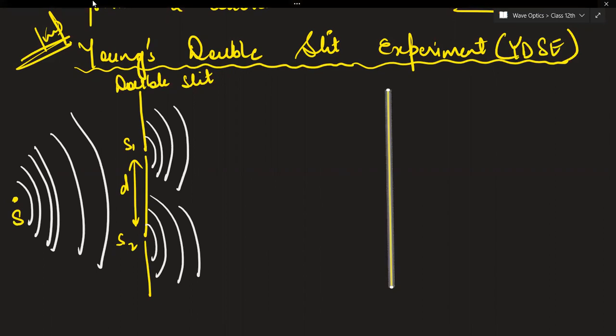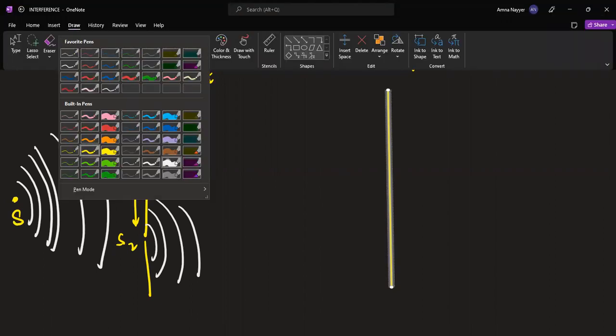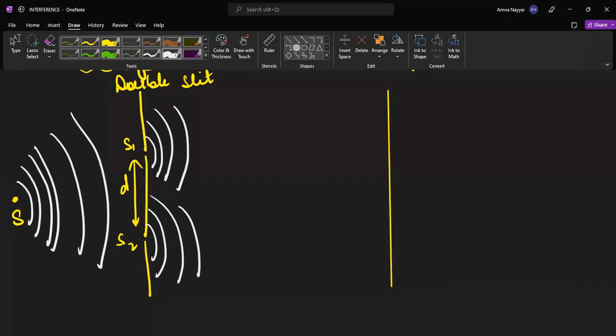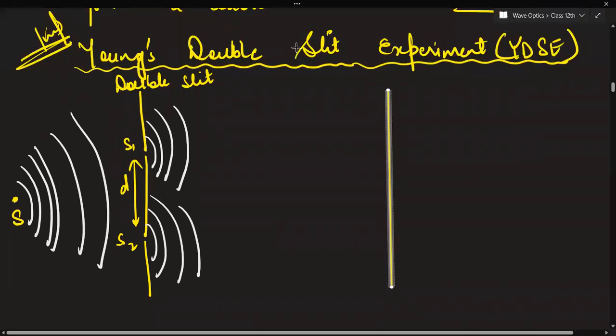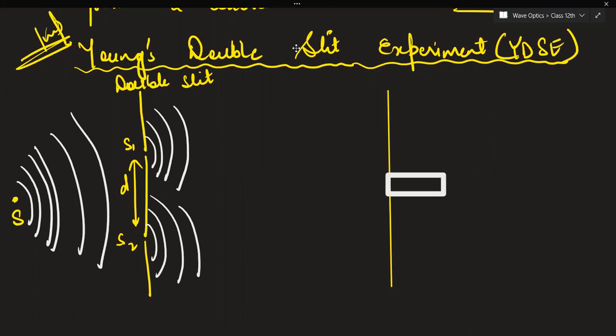Now here, at certain places, you will be able to see the formation of very bright fringes like this.